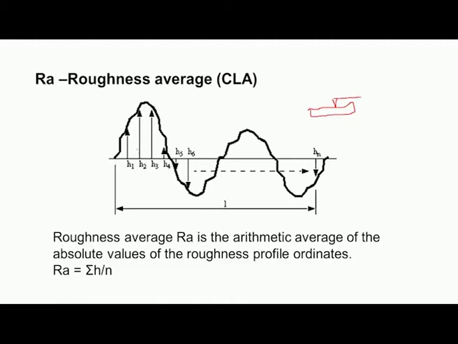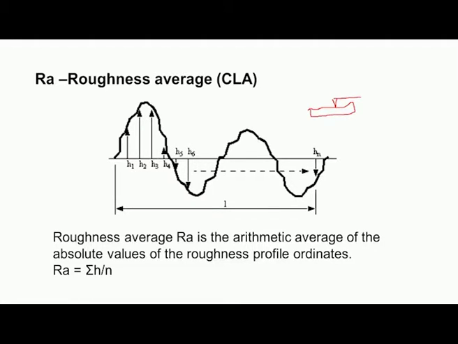Now we have to analyze this profile. In order to analyze this profile, we have to select the sampling length L, and we have to draw the ordinates H1, H2, H3, H4 up to Hn at equal distance, and then measure the heights of these ordinates.